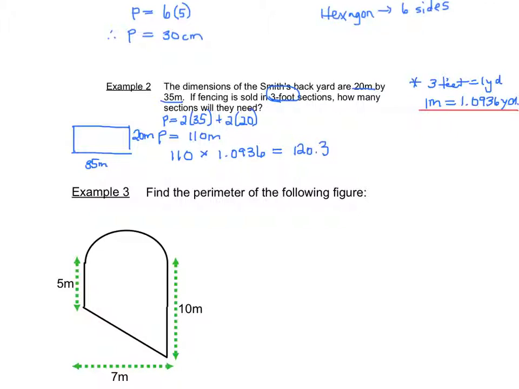So that gives us 120.3 yards. Now always remember in a question like this to round up. Let's make a note here: round up so they don't run out of fencing.